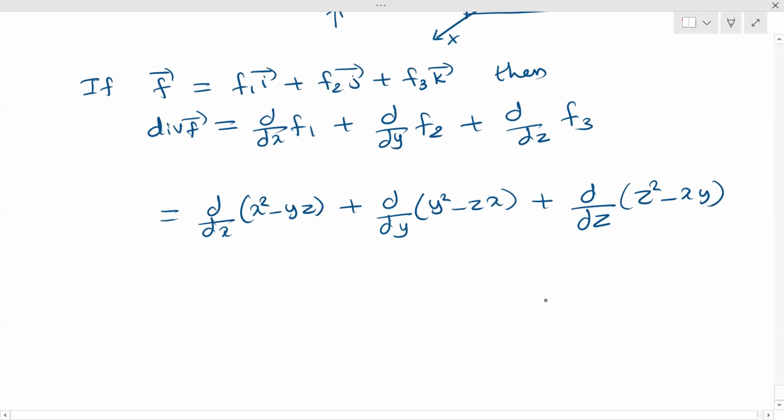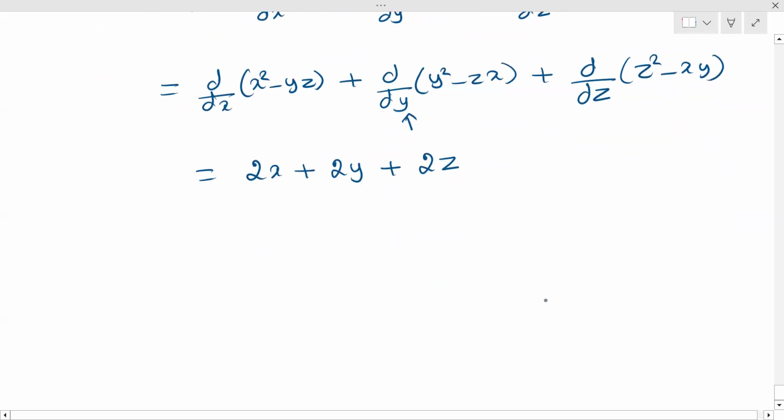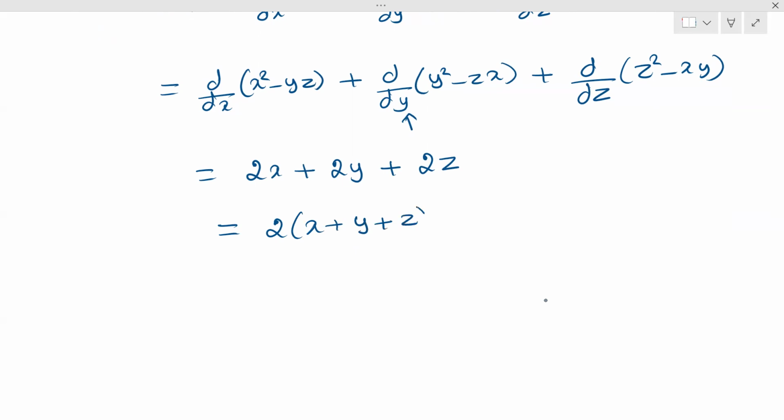Differentiating the first term partially with respect to x gives 2x. For the second term, differentiating with respect to y gives 2y. For the third term, differentiating with respect to z gives 2z. So divergence F is 2 into x plus y plus z.